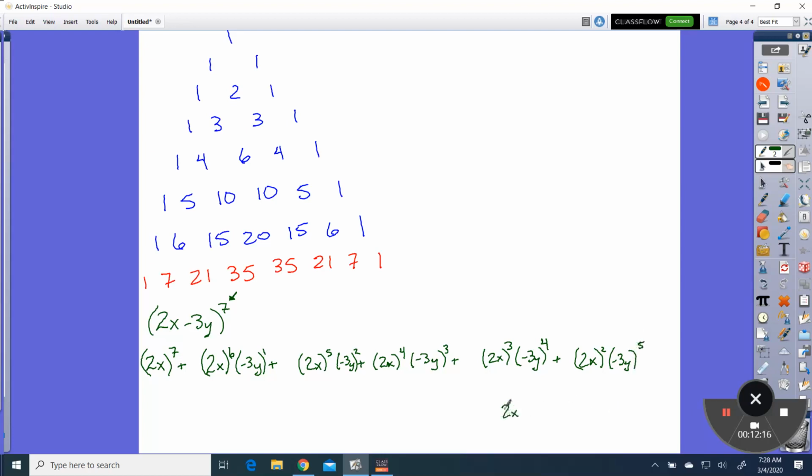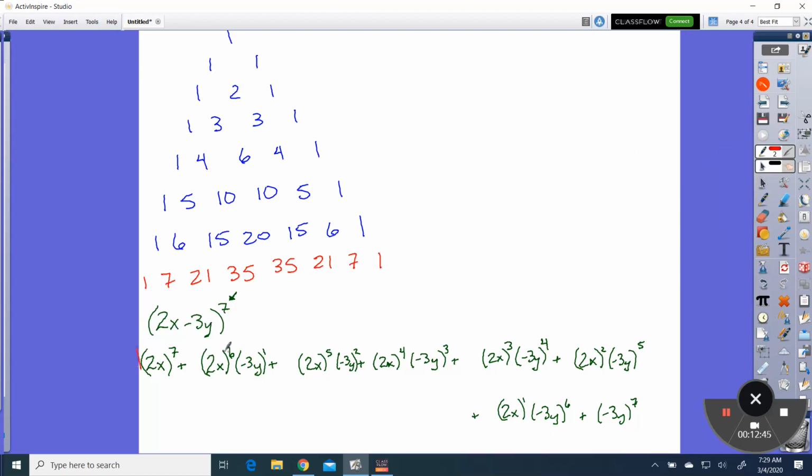So 2x to the 1 power, negative 3y to the 6th power. And then the last one is negative 3y to the 7th power. So that's just taking the x's and the y's. But remember, they have the coefficient, which is this red line. Those go in front of each term.